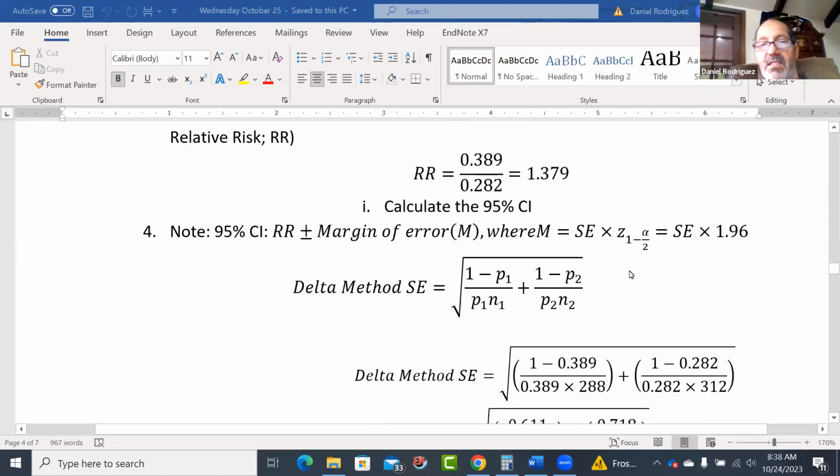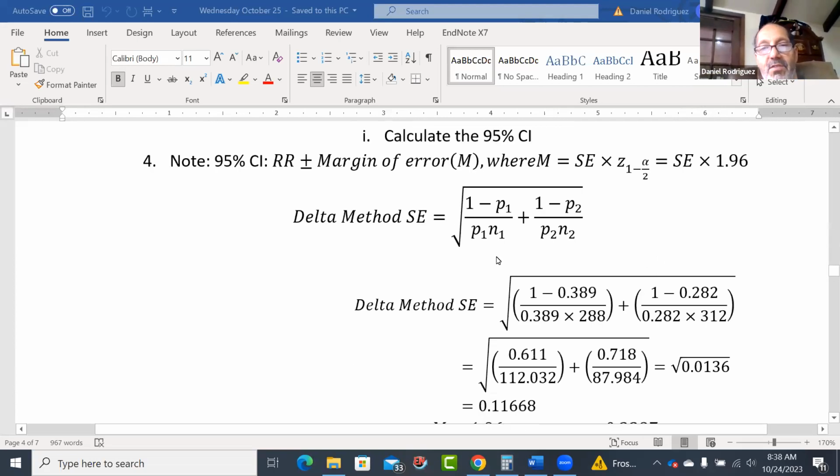So you just start plugging things in here, right? And again, I show you everything. If this makes no sense to you right now, don't worry about it. I actually have another video if you're interested in creating a confidence interval. It's not for this particular equation, but it explains all of this, what that means, the Z 1 minus alpha over 2. All right, so we just plug things in.